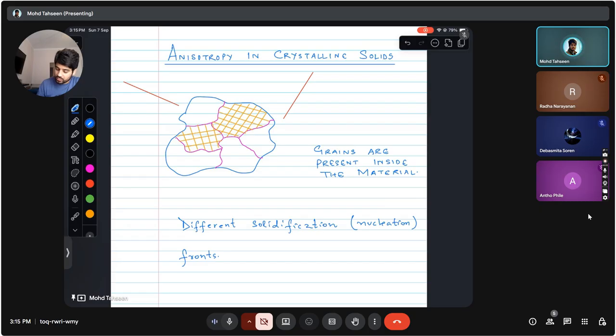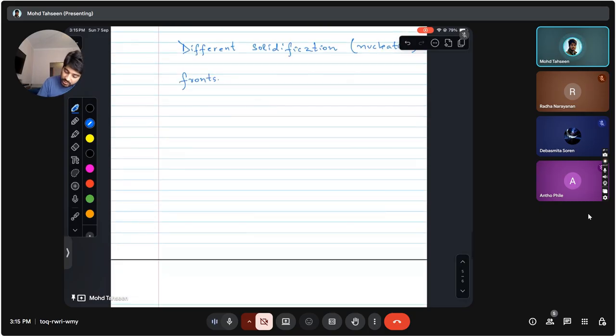So let's write these. The first point is that such materials are called polycrystalline, in which you have grains. So polycrystalline materials have grains inside them. That's one point.